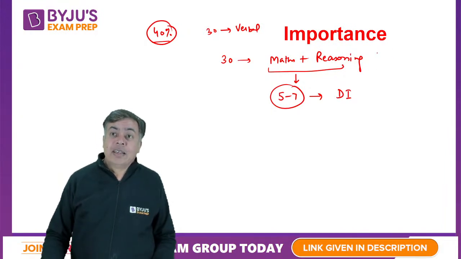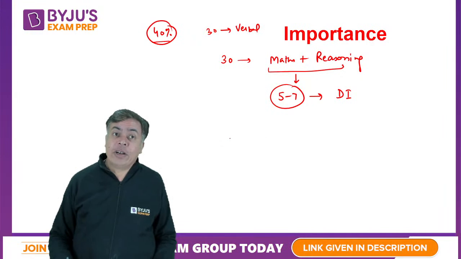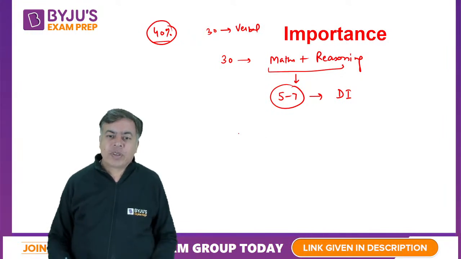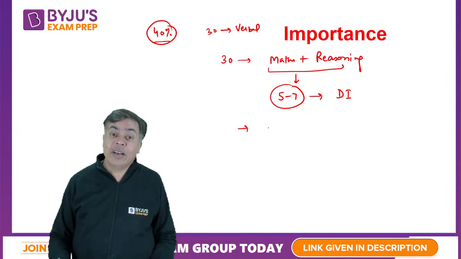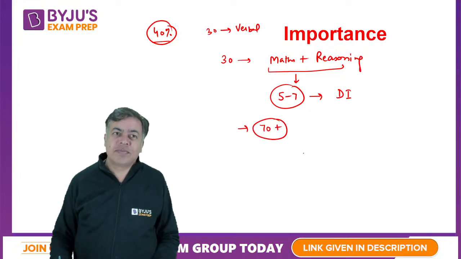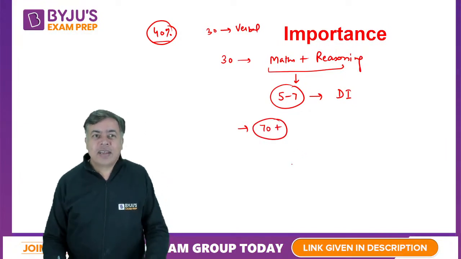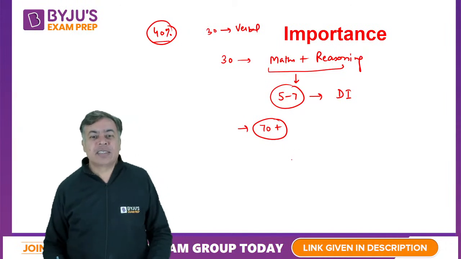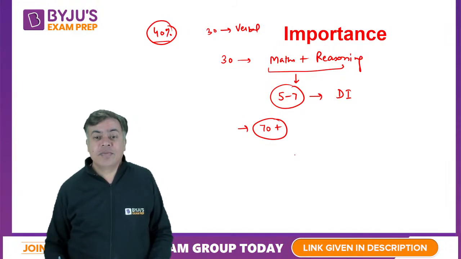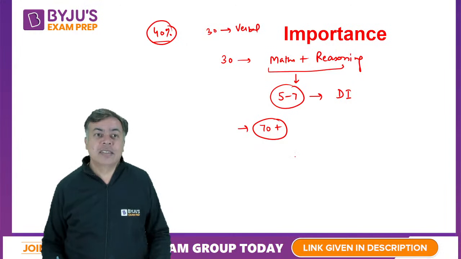But remember, if you are targeting TISS Mumbai, for a call I think a minimum of 70 plus marks in your TISSNET will be required to get a call for the next stage.